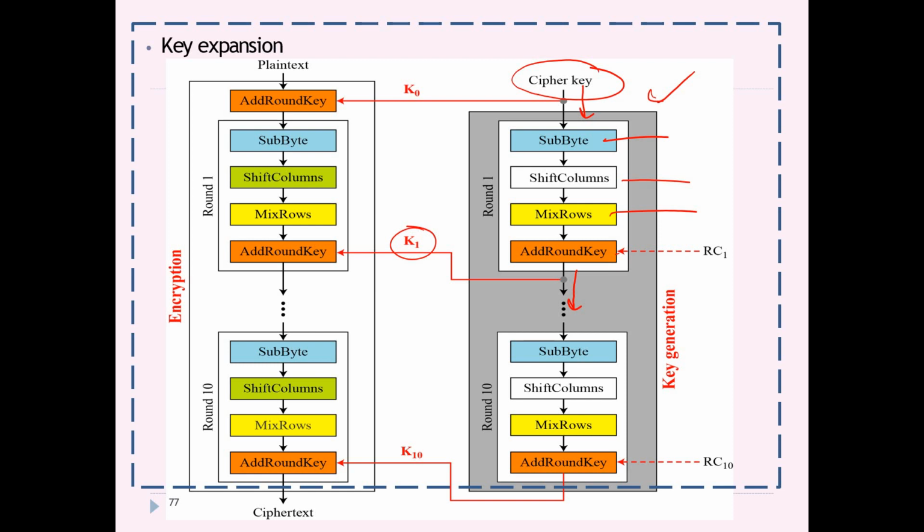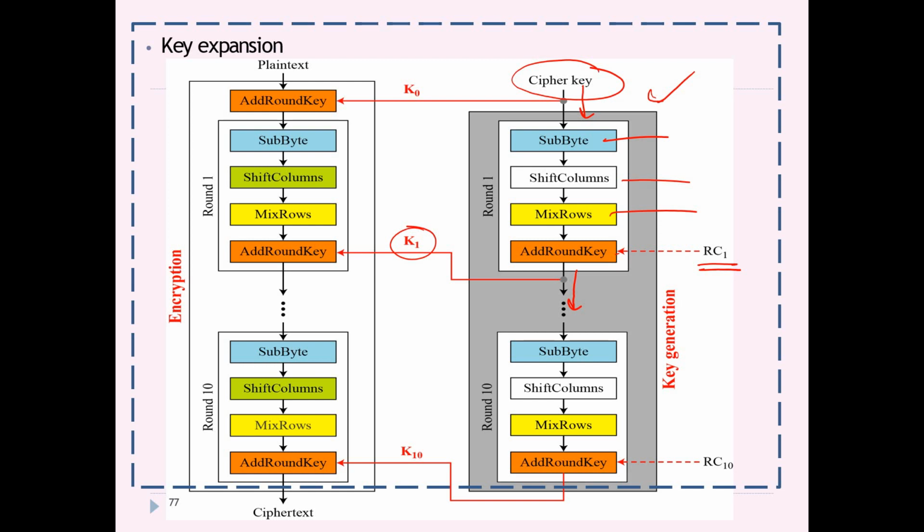And if you observe here, apart from these four transformations, which are the same as I already discussed, sub bytes, shift columns, mix rows and add round key, one very interesting thing comes in, which is RC1, which is a constant. Each of these is a round. Round 1 will require K0, which is the first, given round key.